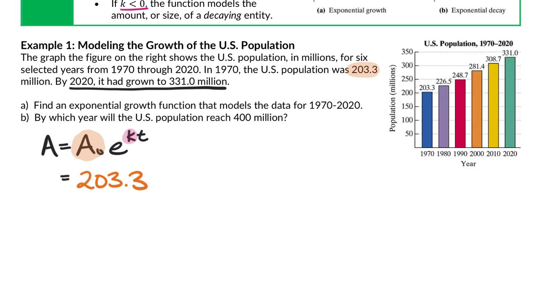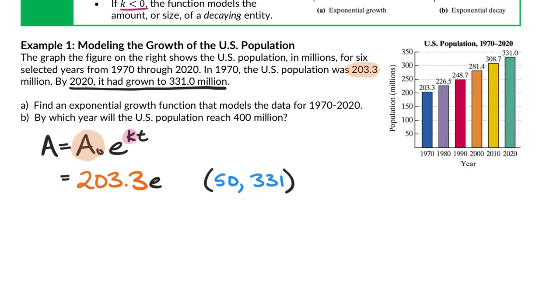Meaning I'm going to put the coordinate point 50, 331 into this formula somewhere. Now, where did I get the 50 from? The time. How many years after 1970 is 2020? 50 years. So 50 years after we started looking at this model, we had 331 million people there.